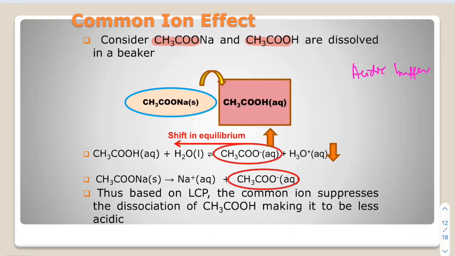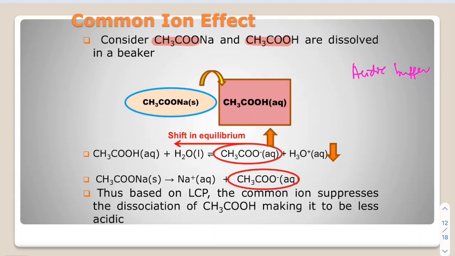The common ion, as I said just now, is the acetate ion. Acetic acid undergoes dissociation, forming acetate ion and H3O+, while sodium acetate, the salt, during dissociation forms Na+ and acetate ion. So we have acetate as a common ion in our system.